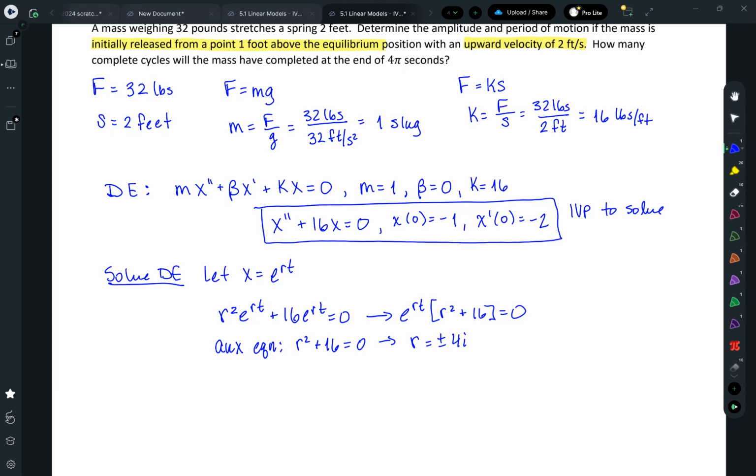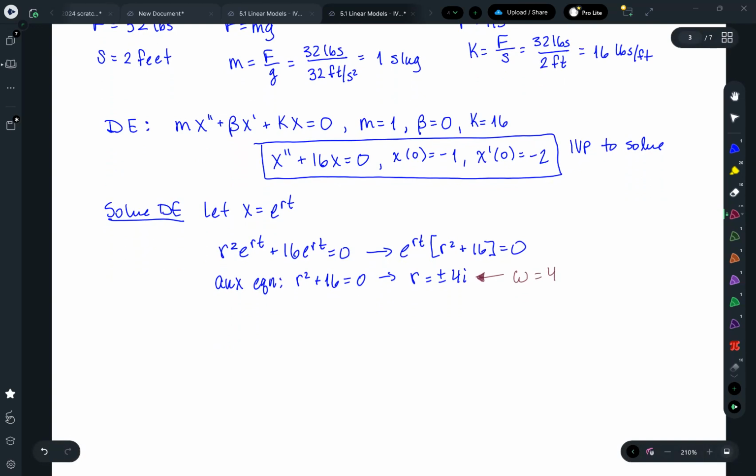So I didn't have to rename anything omega at this point. However, what I know from what I got about r is that omega is going to equal 4. That's the information I got based on what we talked about before with building up our differential equation. Okay?